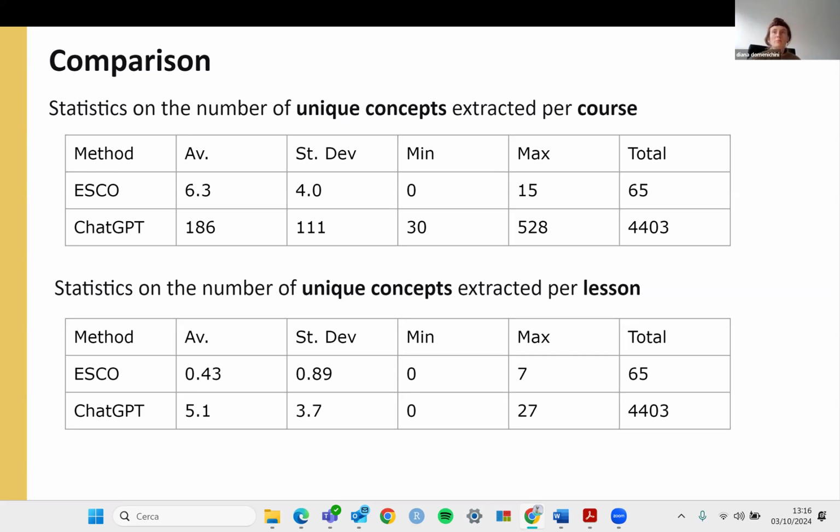But we can also see that the minimum number of concepts extracted per lesson is 0 for both methods, which is good. And the other point is that the maximum number of concepts extracted per course, as we can see in the first table, is 15 for ESCO and nearly 500 for ChatGPT, but they have been extracted from the same course, so there is a consistency on that.